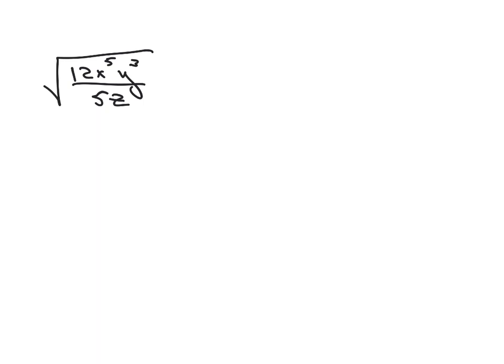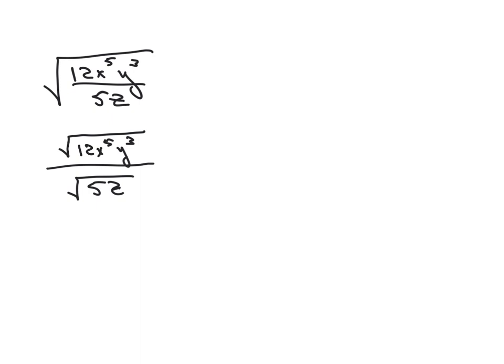Now, the first thing you're going to do when you simplify this is you're going to change this to the square root of 12x to the 5th y cubed over the square root of 5z. So by separating the two there, we can simplify the top, simplify the bottom, which we can't do. That's as simple as we can go. So we can simplify the top and make life a lot easier on us.